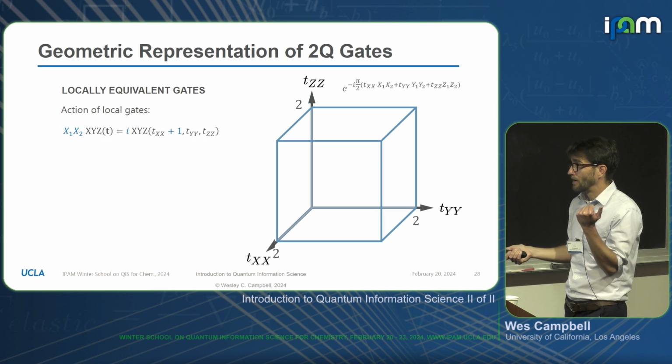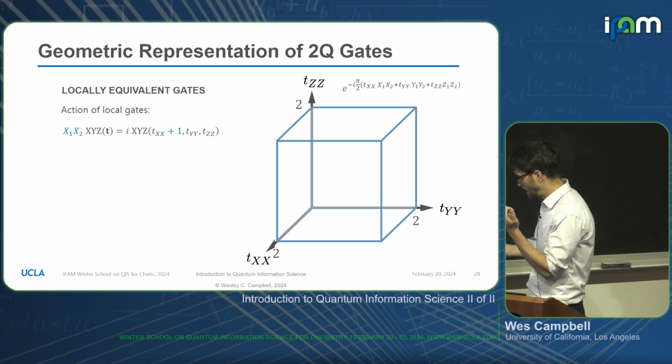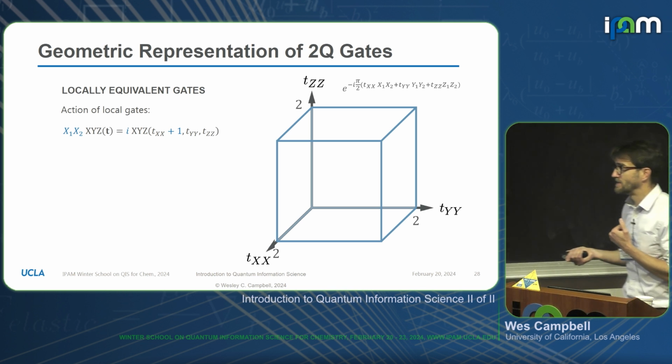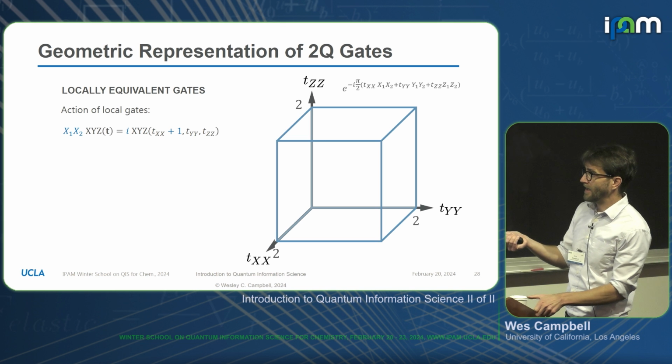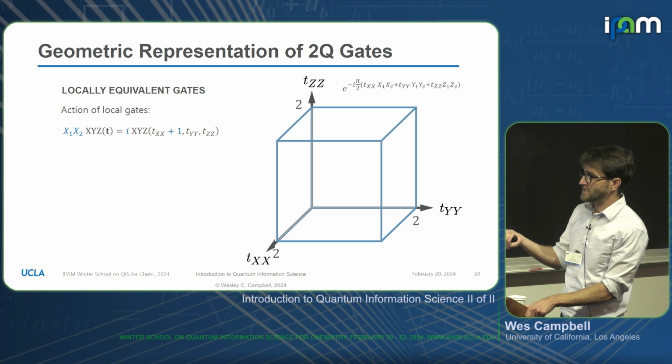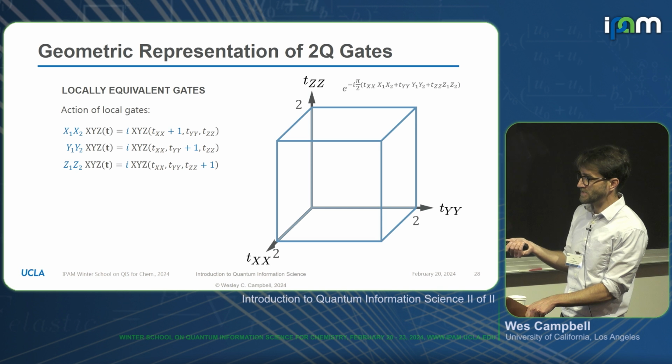Okay. What about local gates? x1, x2 on an xyz gate adds 1 to txx, and then we get a factor of minus i. y1, y2 adds 1 to ty. z1, z2 would be a surprise if it didn't. Adds 1 to tz. Okay?